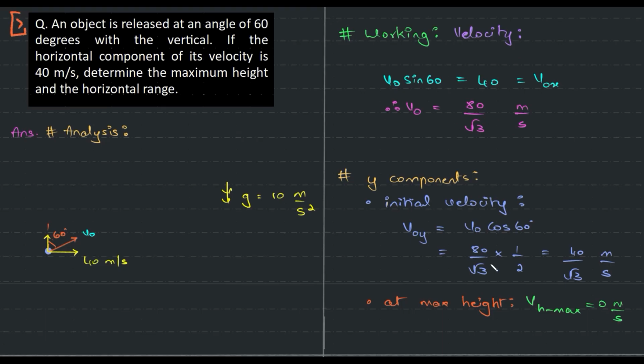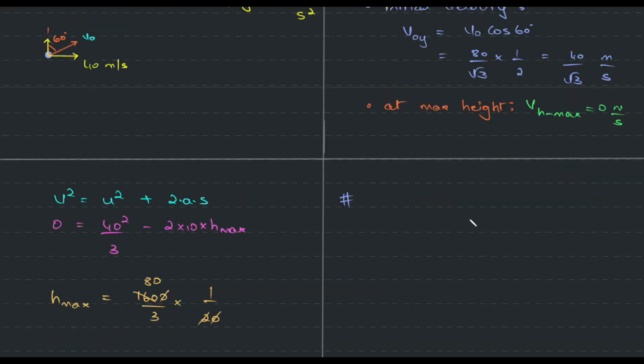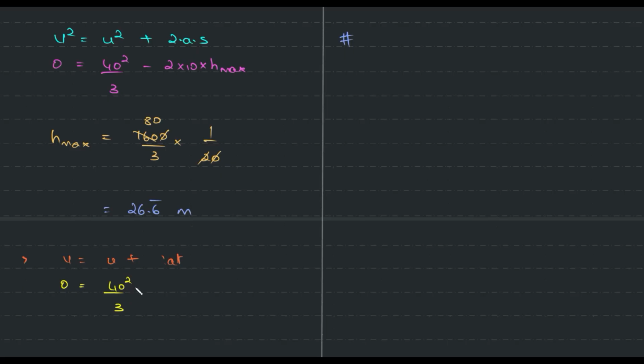What v naught y is this? v naught y is 40 by root 3. Perfect. Minus 10 into t by 2. That's the time for half the journey. So t will be equal to 8 by 3 seconds.